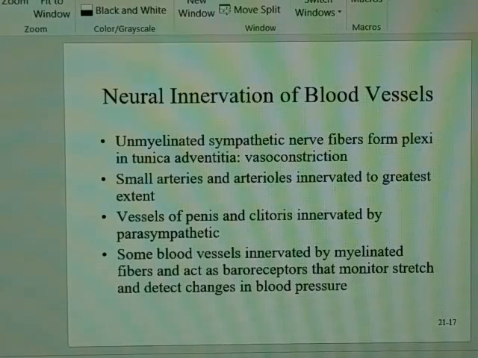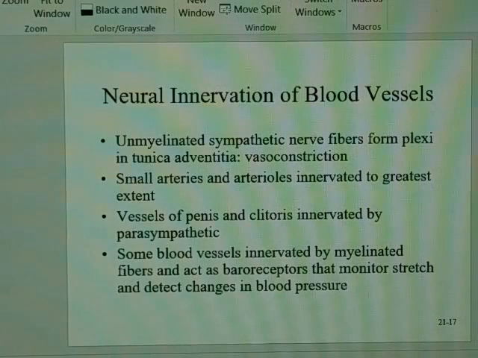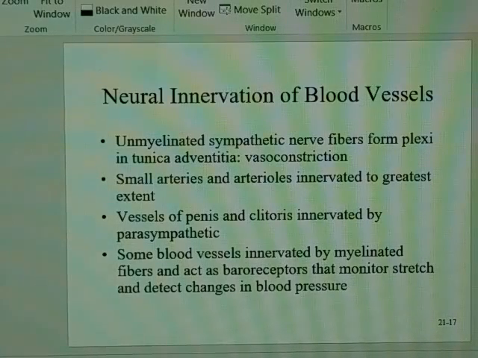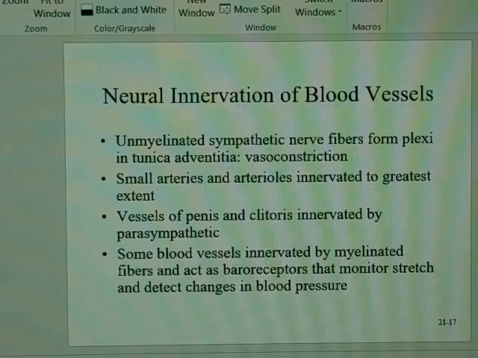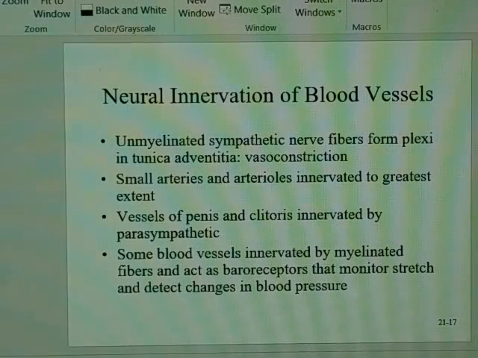The parasympathetic fibers into a blood vessel are found only in the penis and the clitoris. So what we're going to see is that this is because, in the penis and the clitoris, there is no sympathetic.